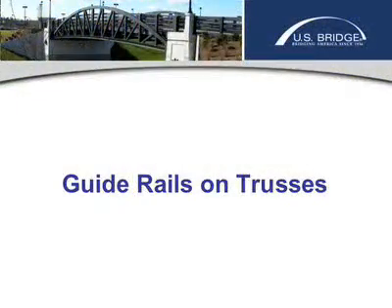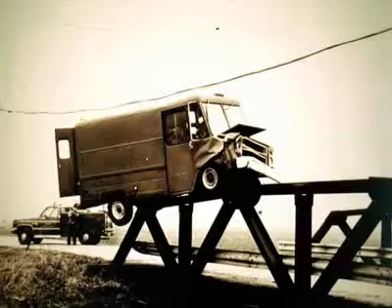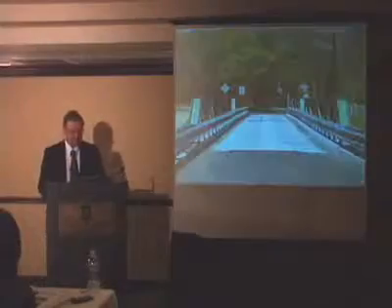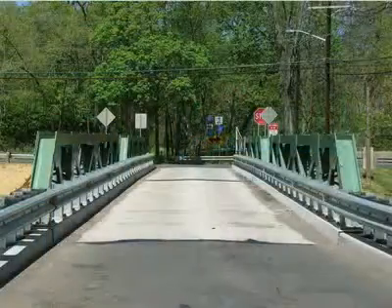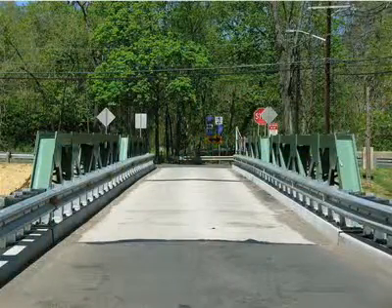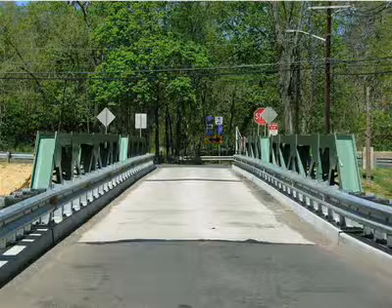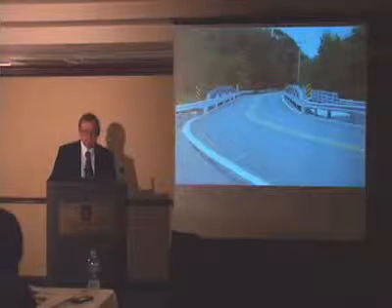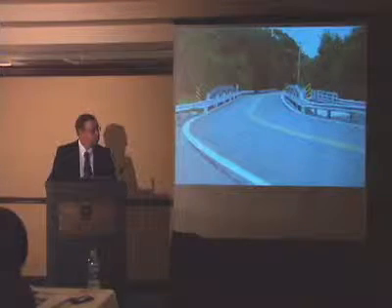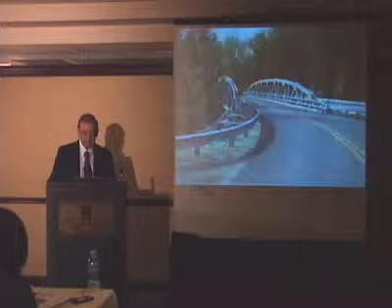Guide rails, everybody talks about crash-tested rail systems on bridges. That's not the way you do it, though. Most of the trusses can incorporate standard crash-tested systems that are already out there. This is a tri-beam rail.